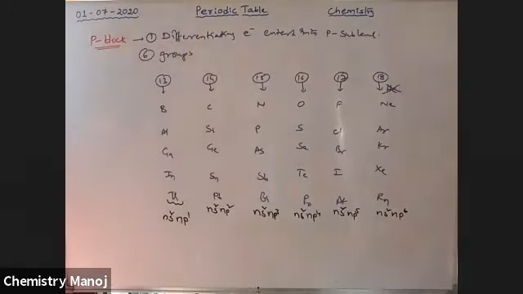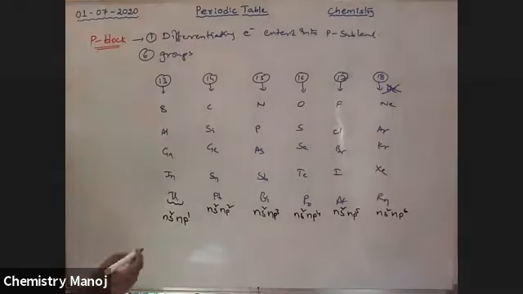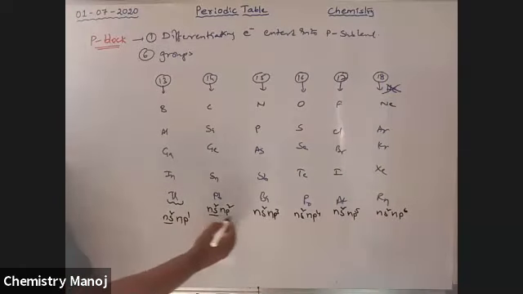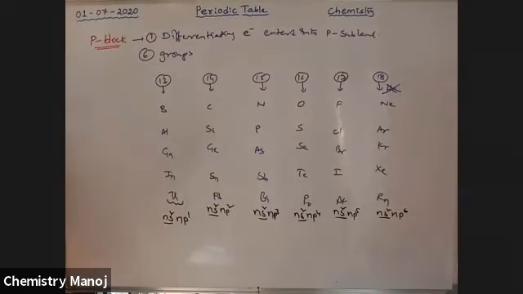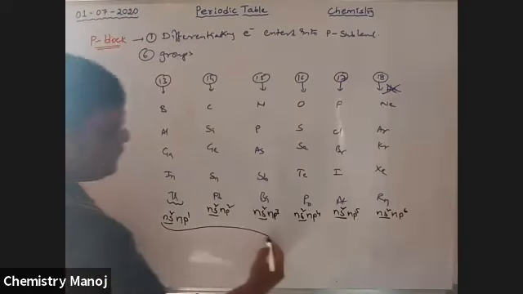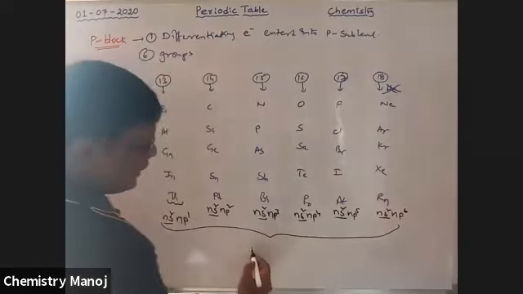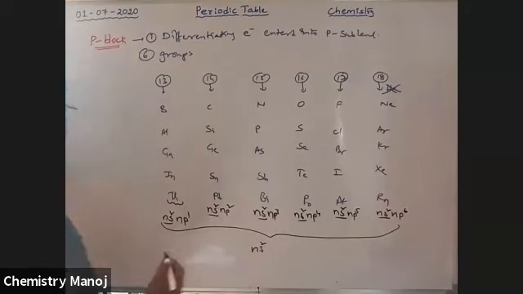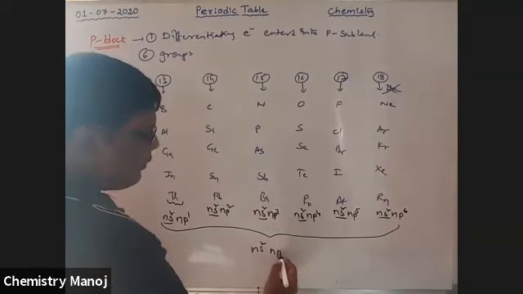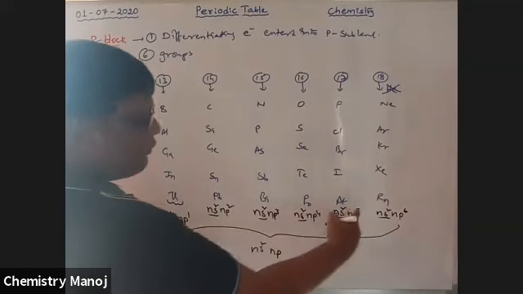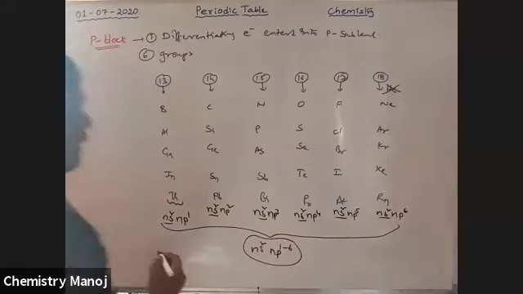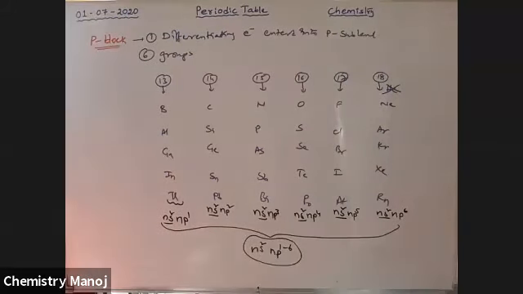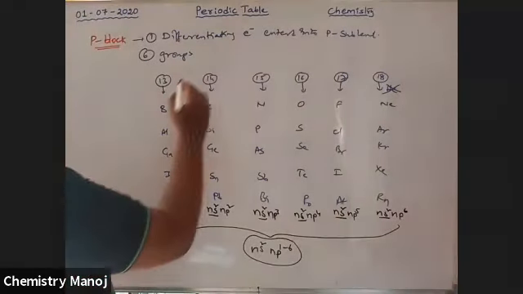In all these configurations, ns2 is common. So the combination is ns2 np, with np from 1 to 6. That is the general outermost electronic configuration for P block elements.